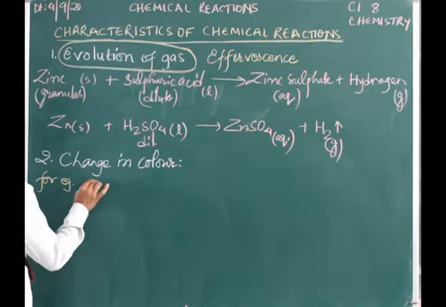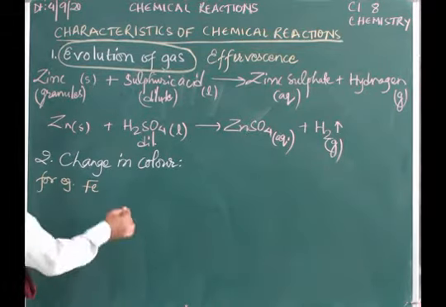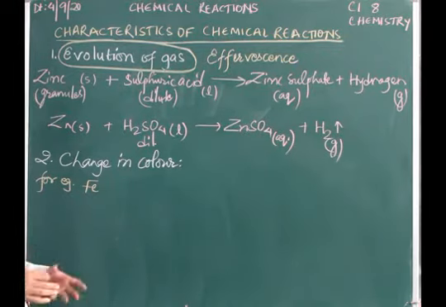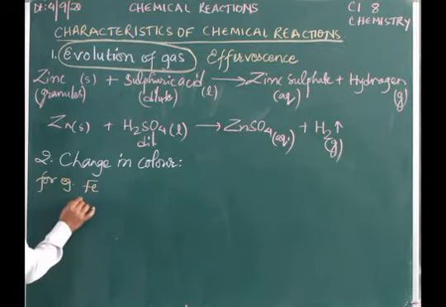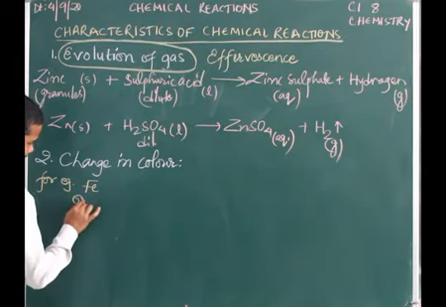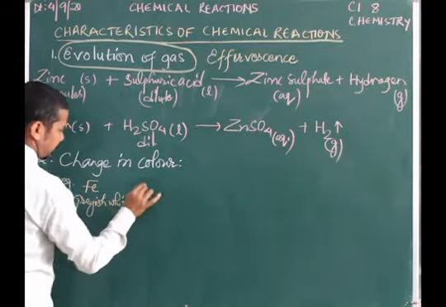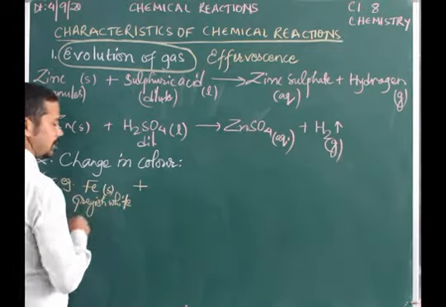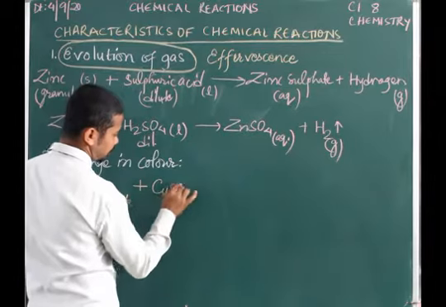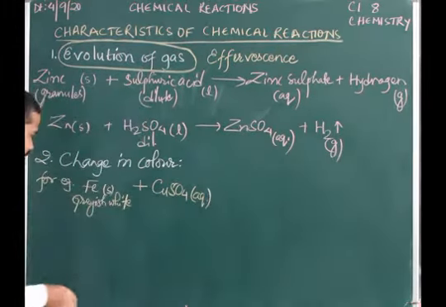For example, if I take iron, which is grayish white in color, plus copper sulfate solution, which is blue in color.